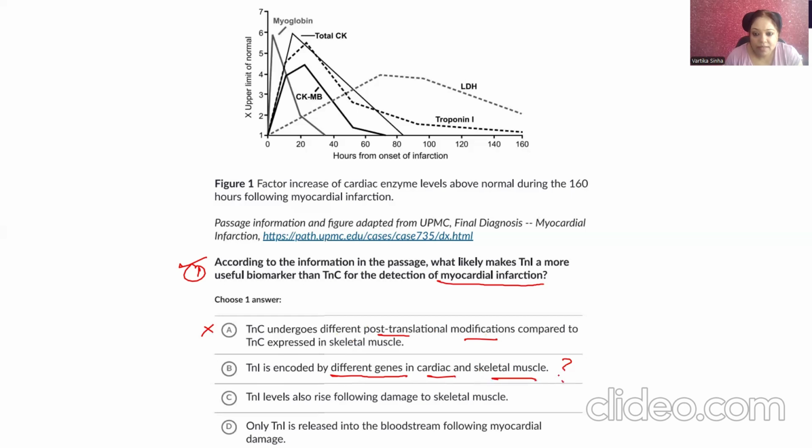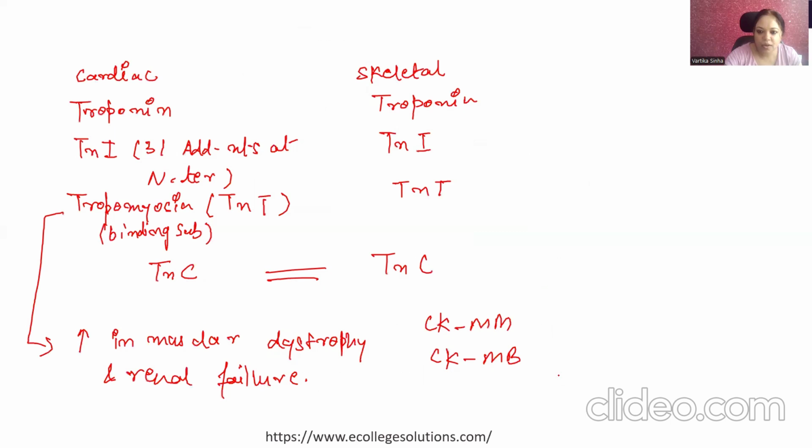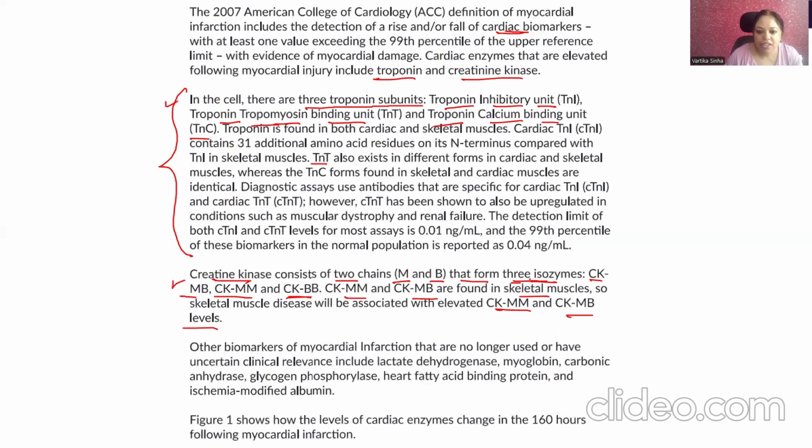Is it? Right? Now, at this point, you need to take a pause and go through the paragraph in which they talk about the isozymes, right? So basically, isozyme is a word from biochemistry. And the students who knew about isozymes know that isozymes are the same enzymes, but working in different tissues, right?